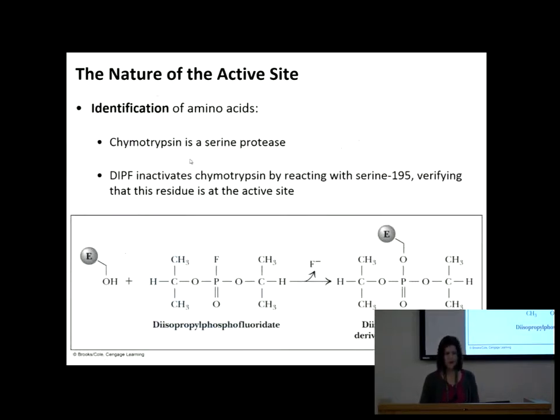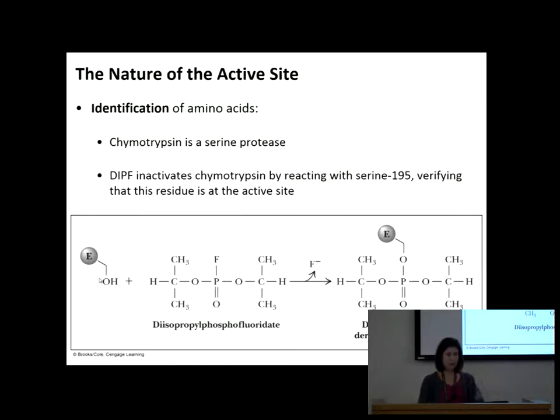But we really want to find out which amino acids are going to be at the active site. And basically what we do is we find ways, so here's our enzyme and here's a serine residue.